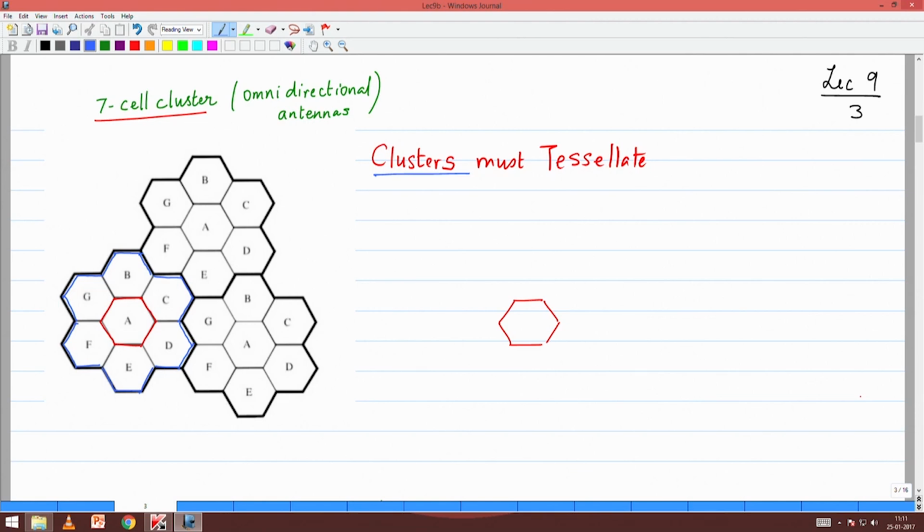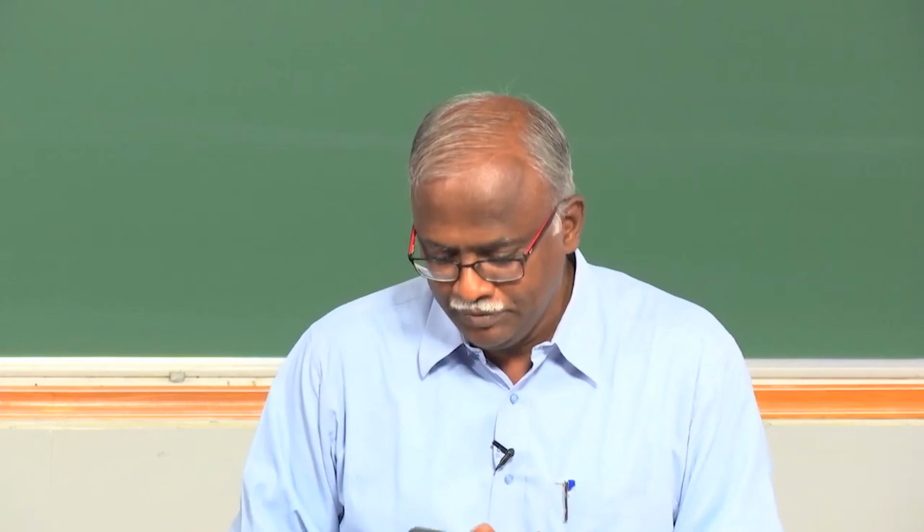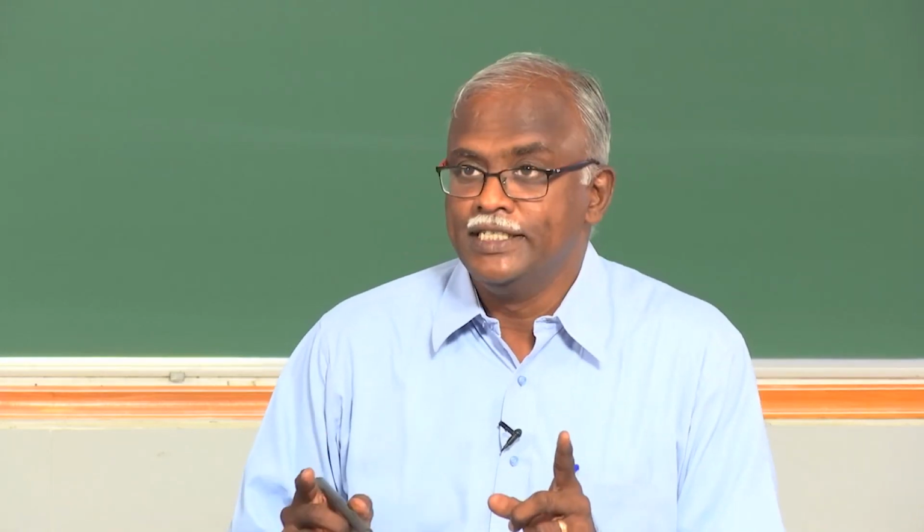So again, keep that picture in mind, that the basic cell is a shape that tessellates, and the clusters also tessellate. Okay, one of the important tasks that we will do in this discussion is to calculate distances.